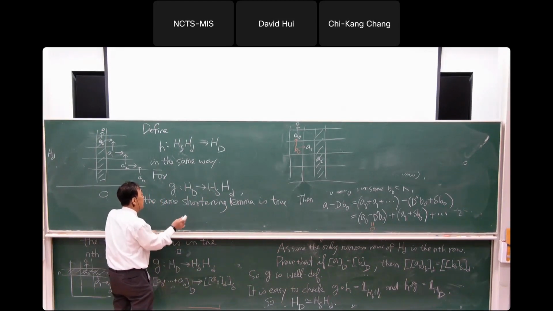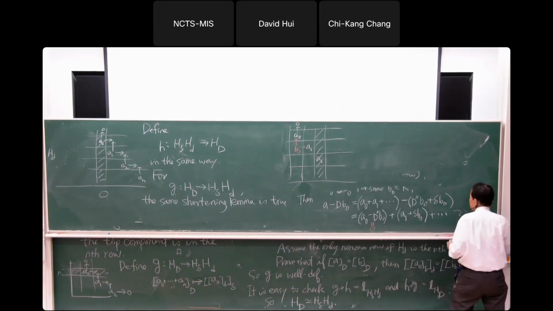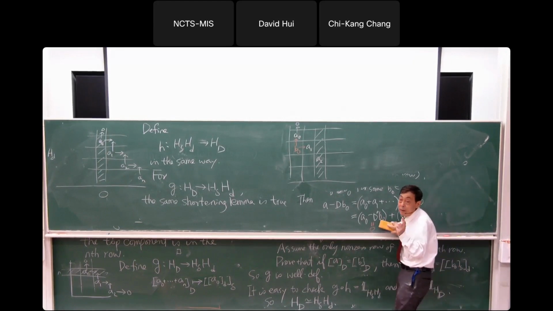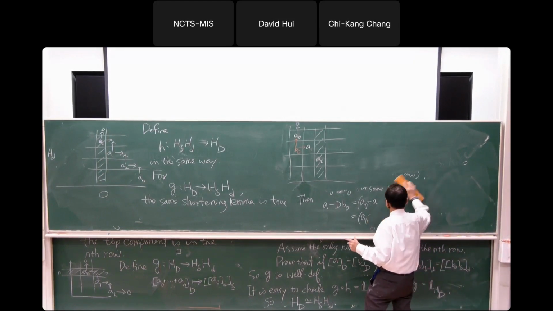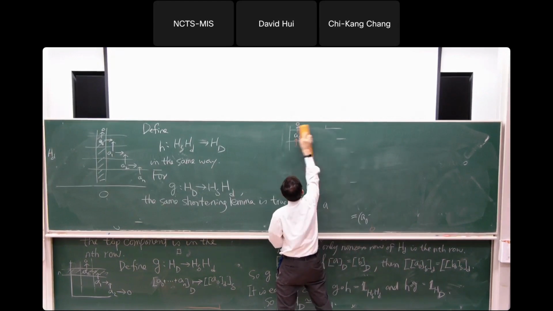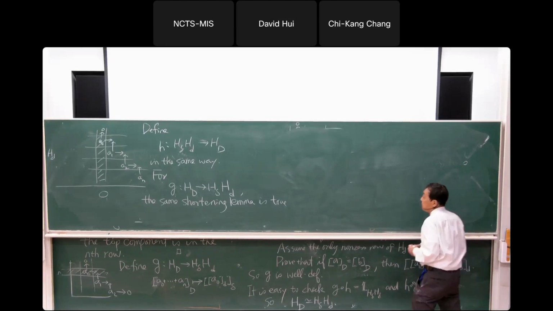So you also get an isomorphism when you have only one non-zero column in HD, okay?